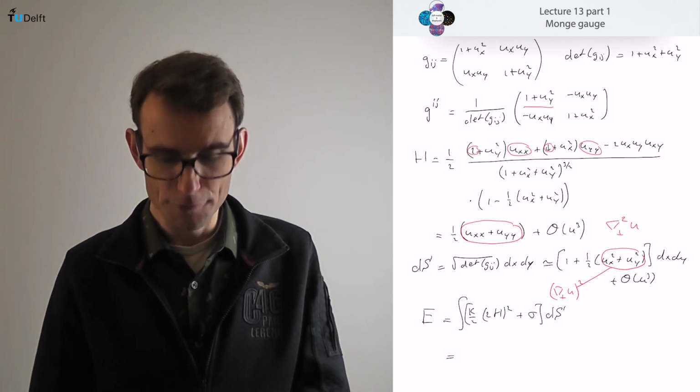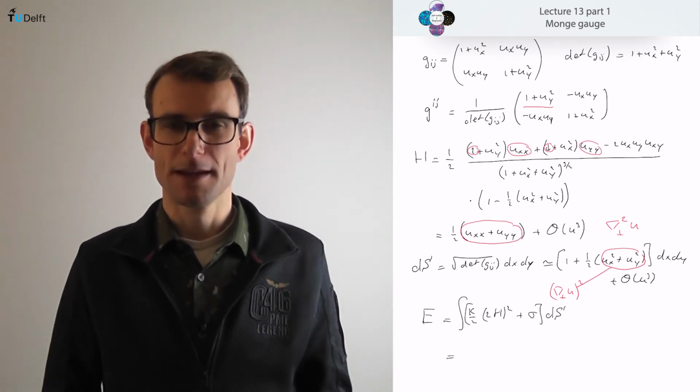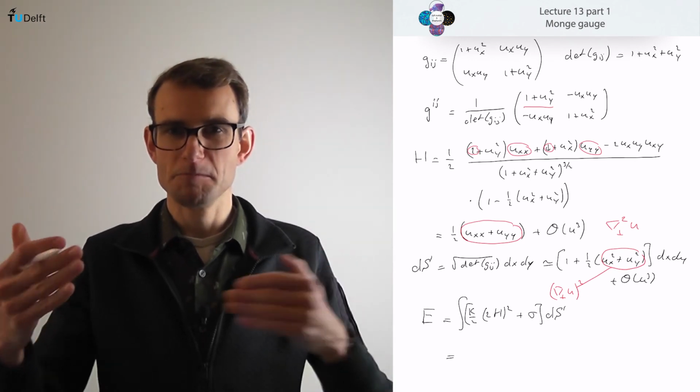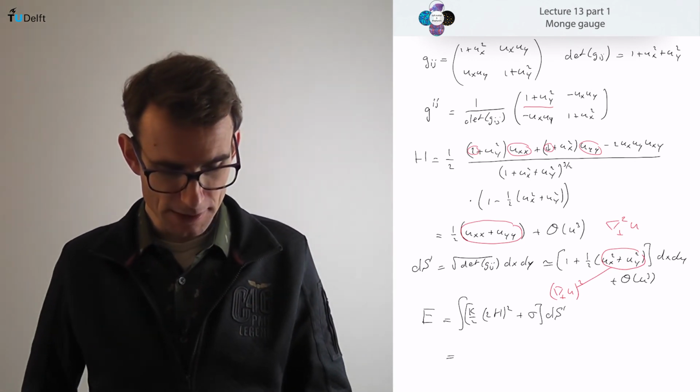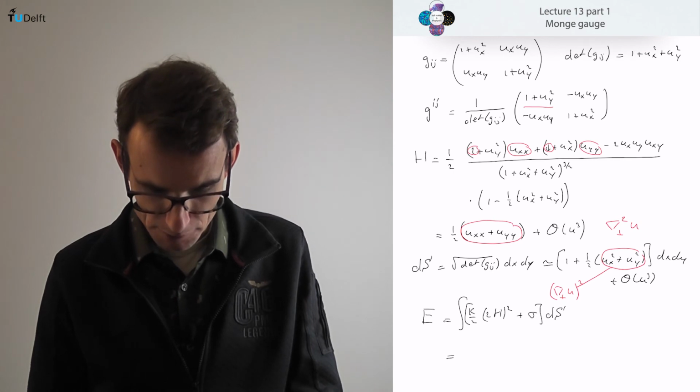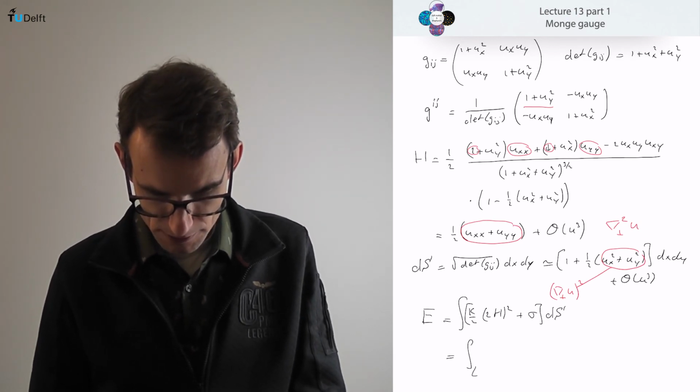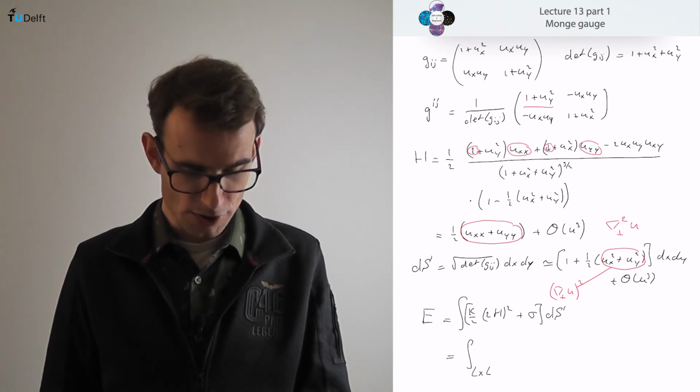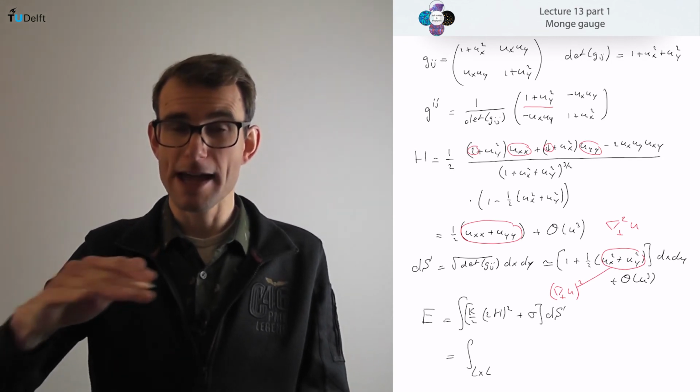And so if my surface is now a patch of, say, size L squared, then this is the integral over an L times L patch, and now we're integrating over x and y.